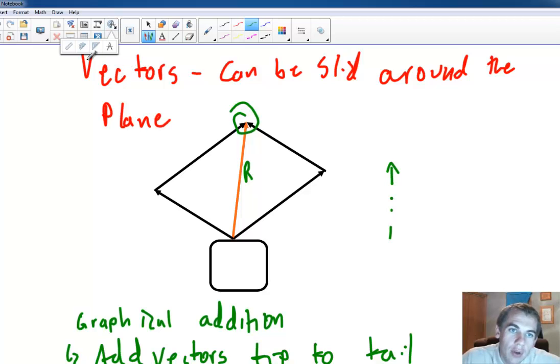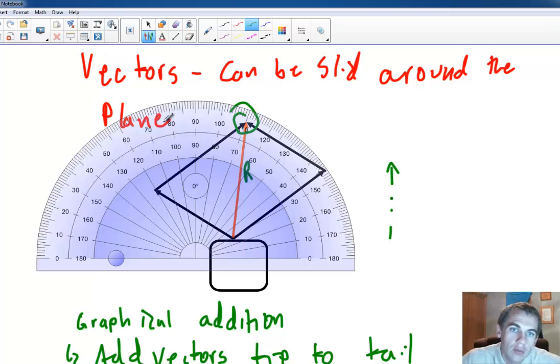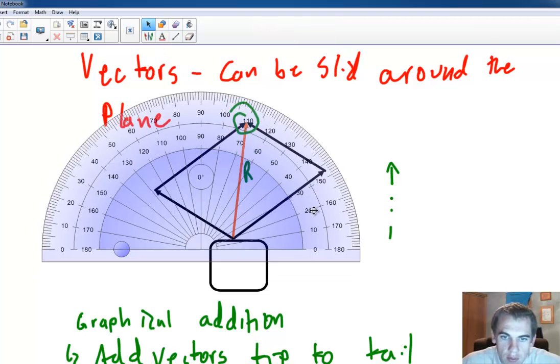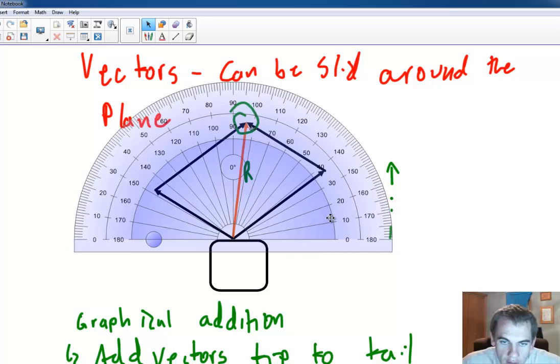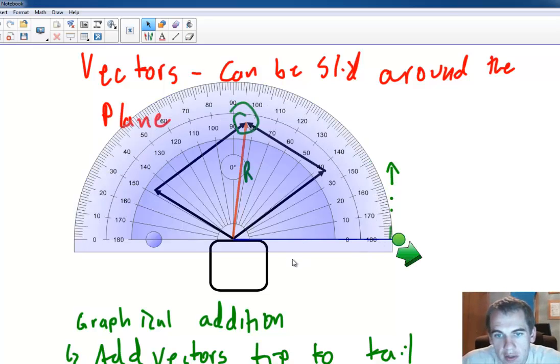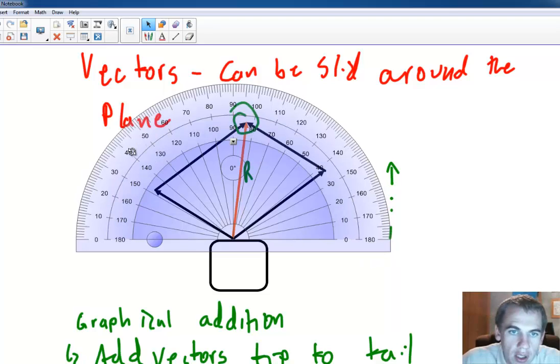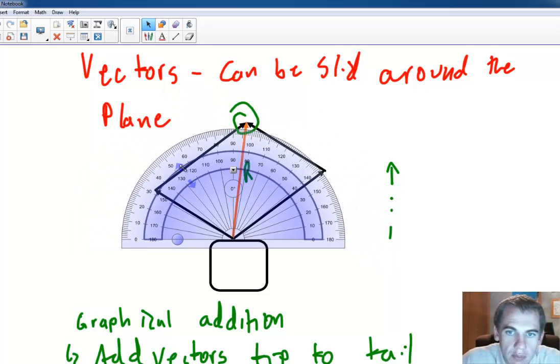To get that, we're going to use a protractor. A protractor is pretty easy to use, right? You put the 0-degree mark, the center, right where everything starts. My protractor is a little bit big, and since I can magically change that, at least I hope I can, hey, look, awesome.